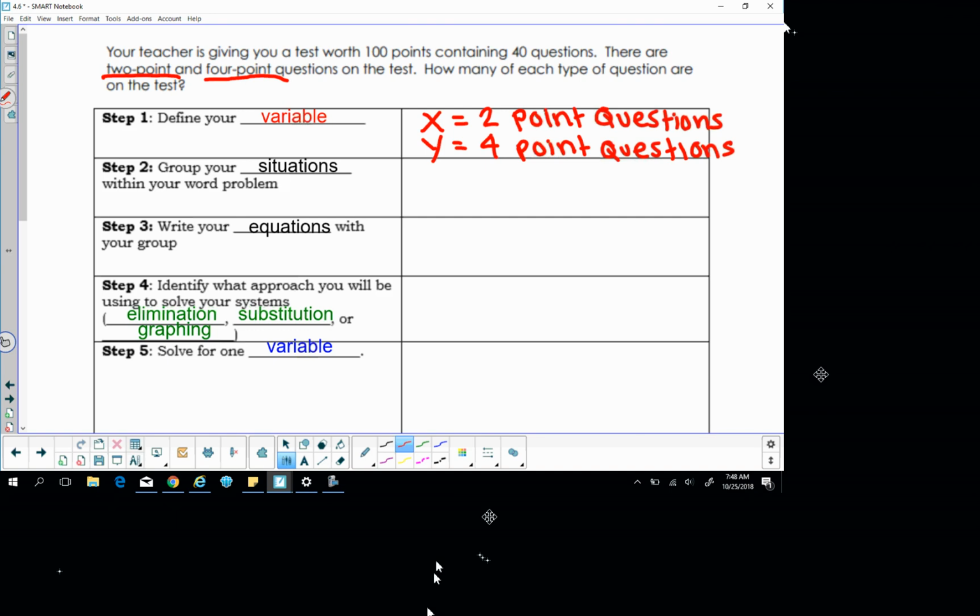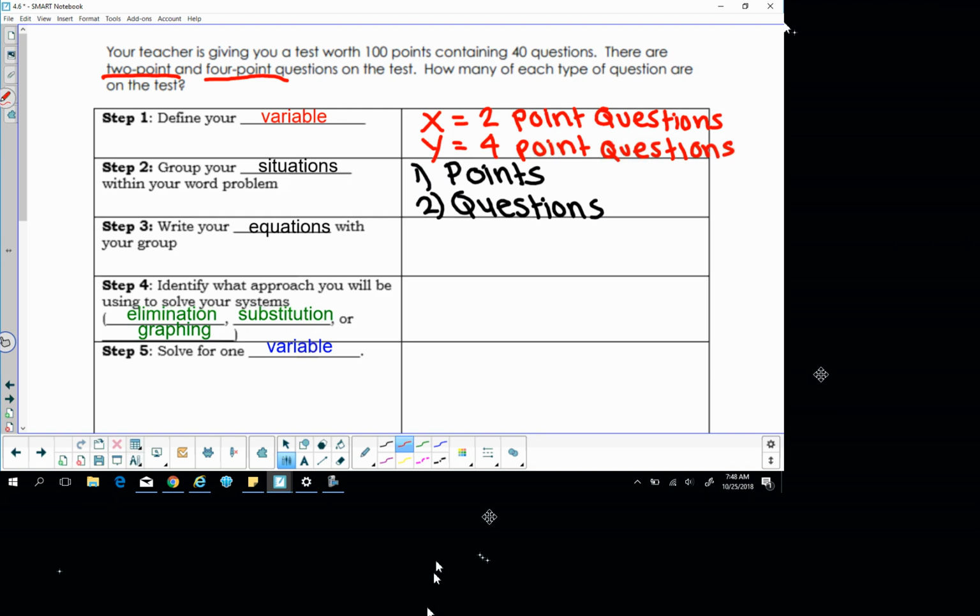So first we need to do our situation. One situation is going to be what the points are worth, and one is going to be about the questions. So notice it's the same scenario now, it's just 2 different parts of it. So I know one is going to be about the points, one is going to be about the questions. And so with the points, we can see points goes with points goes with points.